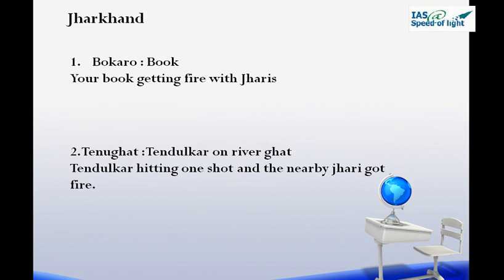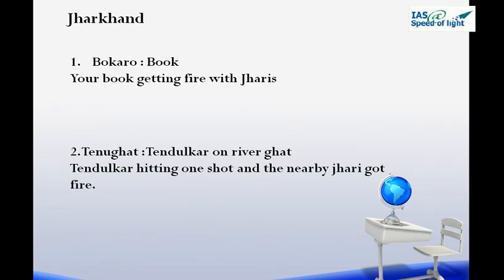Coming to the next state, and which is Jharkhand, and Jharkhand, the picture is jhadis, okay, or shrubs or plants. So Jharkhand, the first thermal power plant is in Bokaro, and from Bokaro we get book. Bokaro becomes book, and your book is getting fire with jhadis.